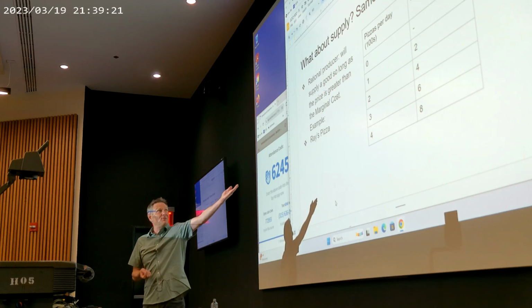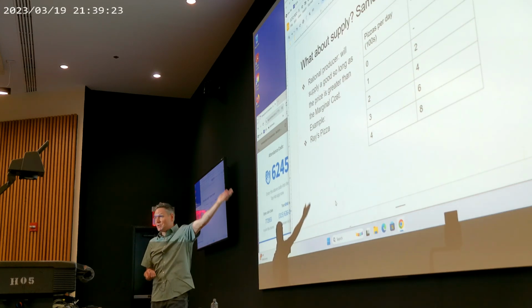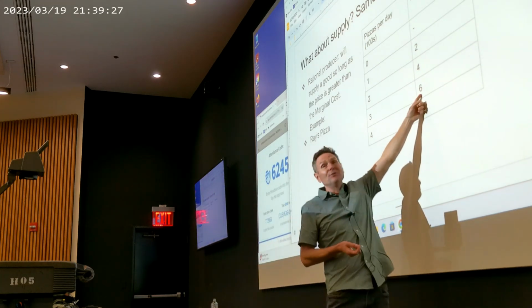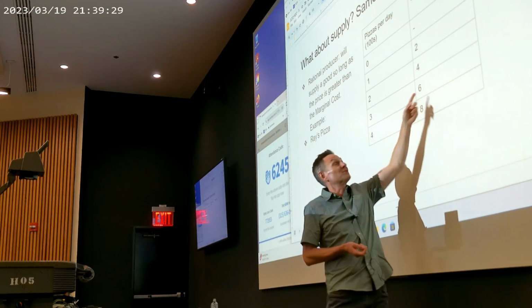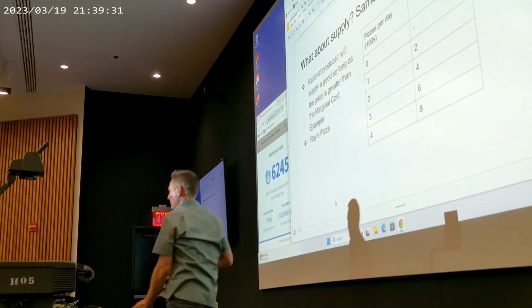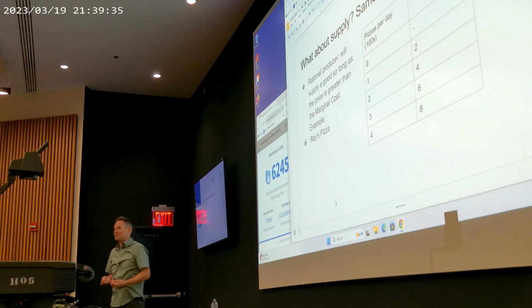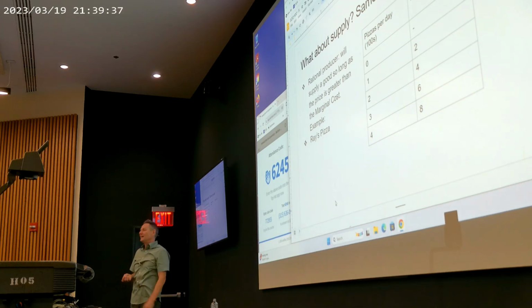If I were to make an additional 100 pizzas, going from 2 to 3 at this point, then the marginal cost of that third bunch of pizzas goes up to 6, and now I'm losing money. Those additional pizzas cost more to produce than the market price, so why would I do it? I'm spending 6 to produce something I'm only getting $4 for.